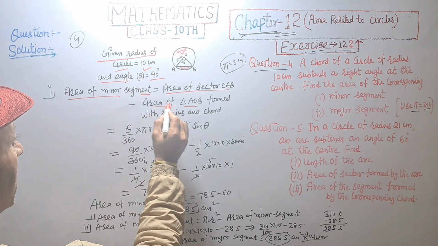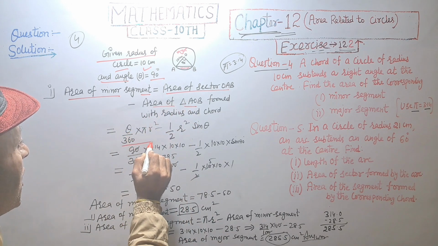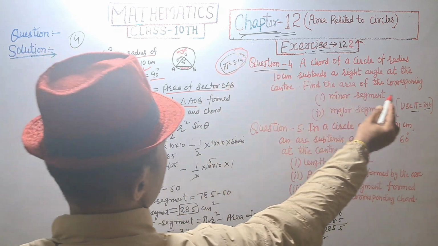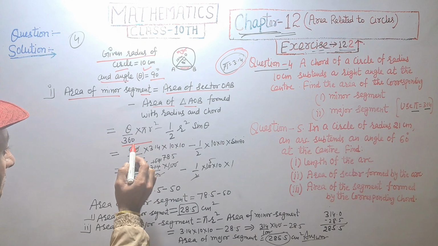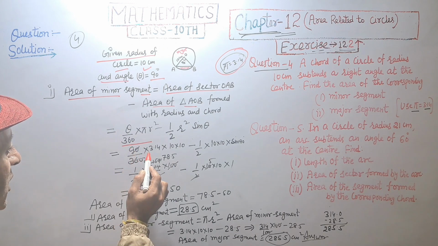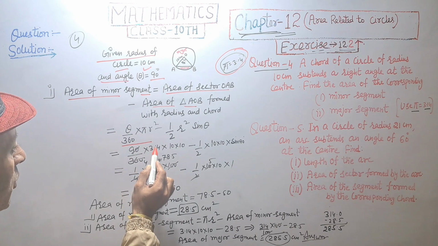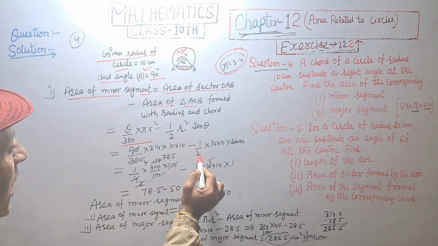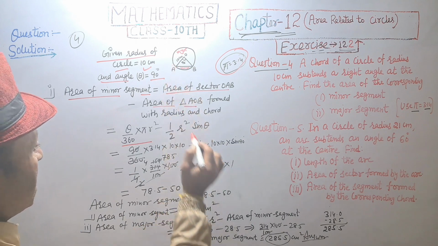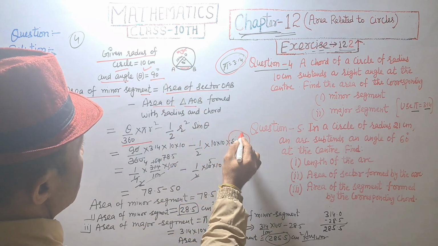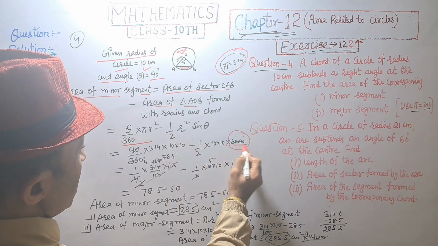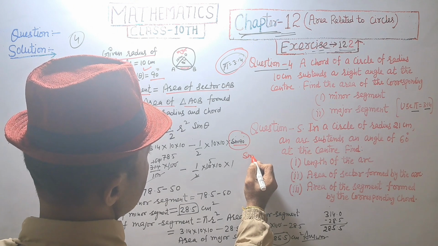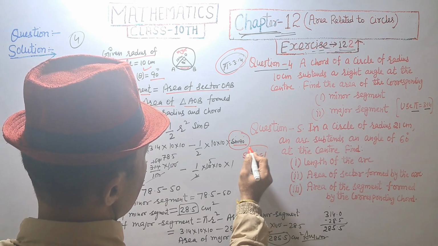That is equal to theta upon 360 into pi r square. Pi is given 3.14 and theta is 90 upon 360 into 3.14 multiplied by radius 10 into 10, minus half of r square, r is 10 square, into sine theta. Angle is 90 degree and sine 90 degree is equal to 1.